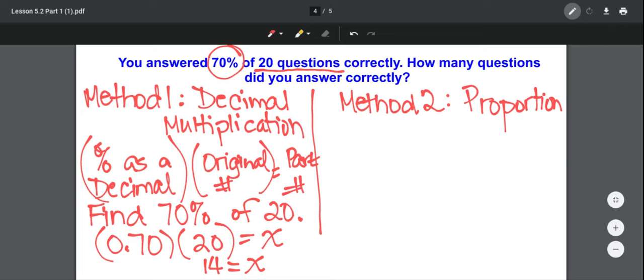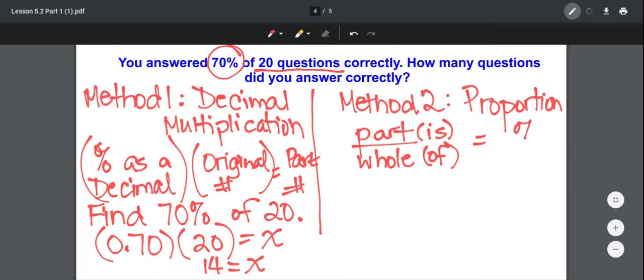Let's use the proportion method. So we will be getting the part over whole, or otherwise known as is over of, and setting it equal to the percent over 100.